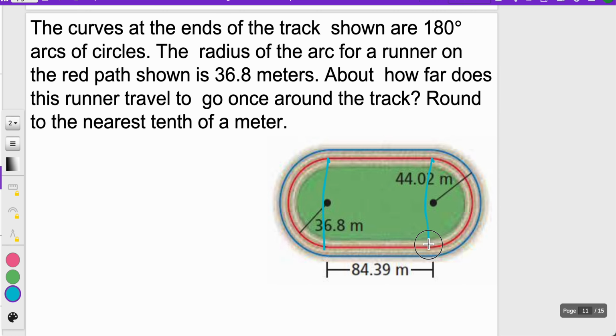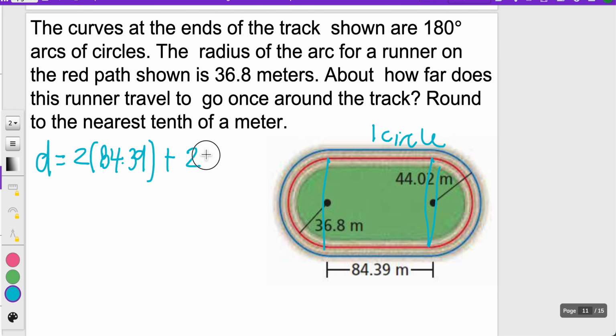Okay. And if I have 2 semicircles, they have the same radius, so that can give me just 1 full circle. Okay, so my diameter, I have 2 straightaways, so 2 times 84.39 plus the perimeter, or the measurement of my circumference, so that'd be 2 times pi times 36.8.